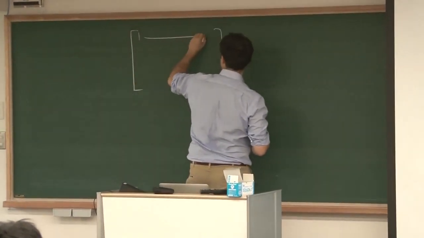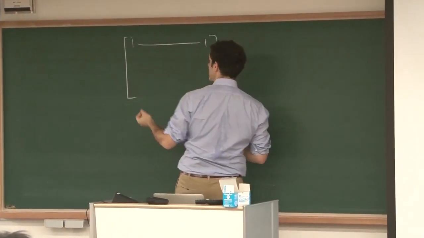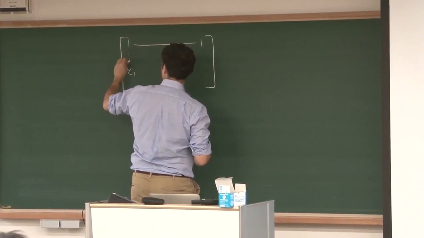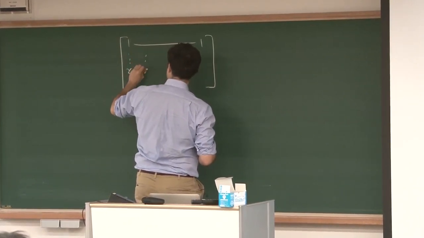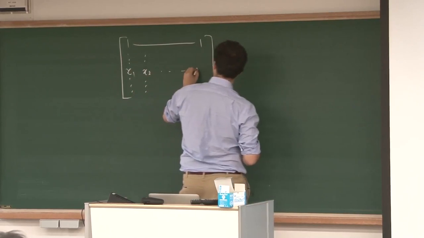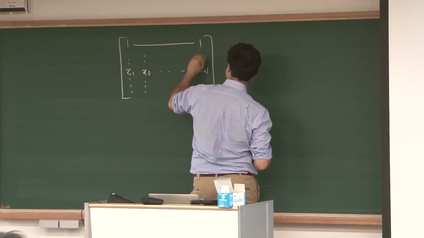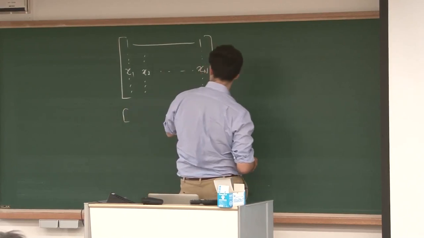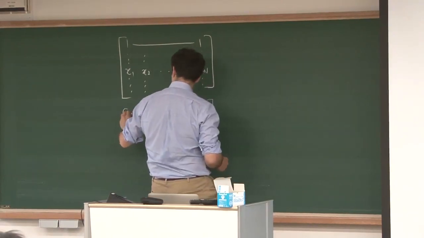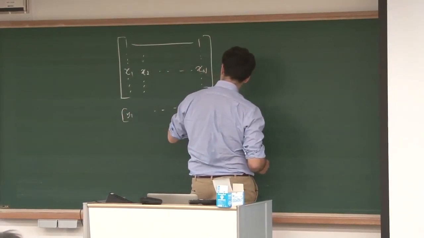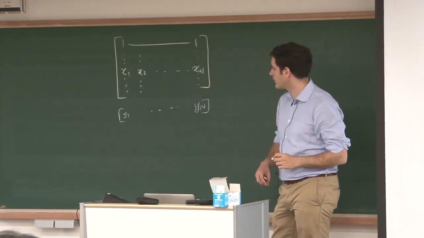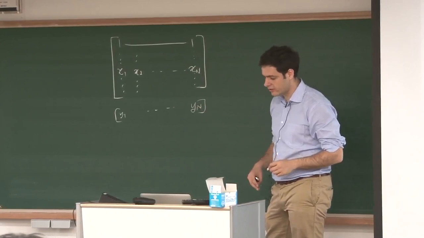The first row is just a constant, and then we have our observations, x1, x2, etc., x big N, and then we have real values, y1, ... y big N. A lot of what we did was presented in this way.